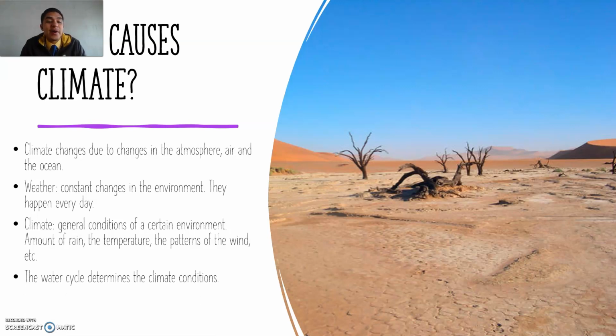And lastly, the water cycle determines the climate conditions. So the water cycle is something very important because let's say that if there is a lot of water, there is going to be a lot of rain. And going back to the example that I was giving you with this picture, we have a desert right there.